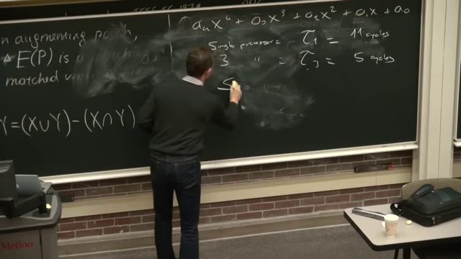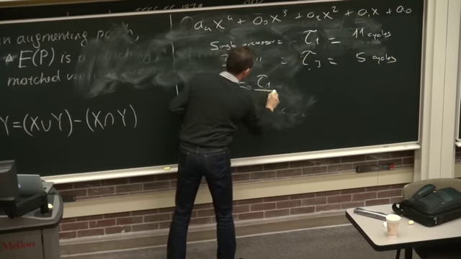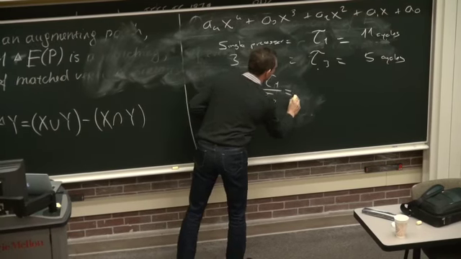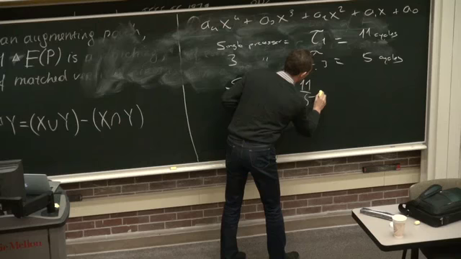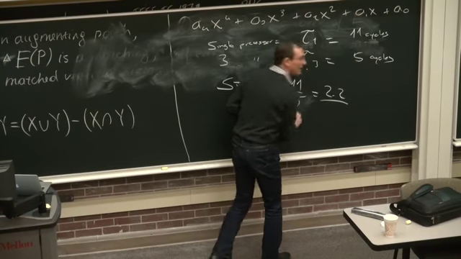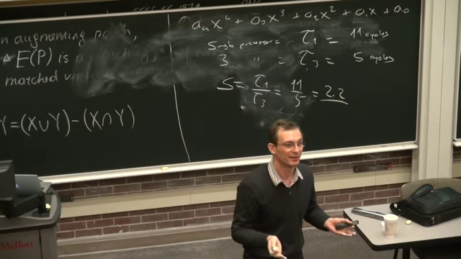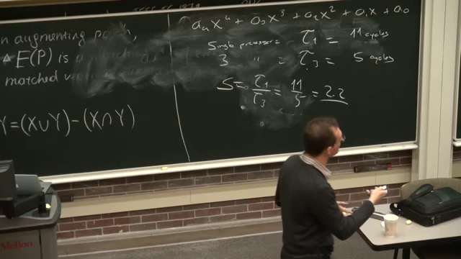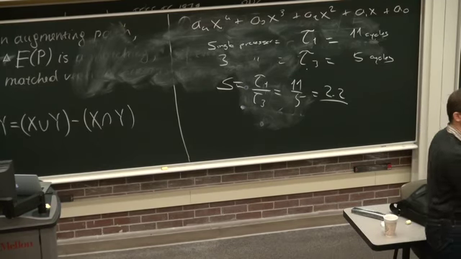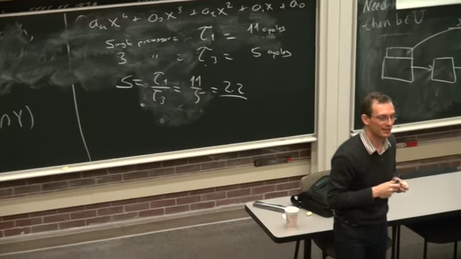And your speed up is equal to tau 1 over tau 3, 11 over 5. So you get 2.2 speed up with 3 processors. Right. So you don't get perfect speed up. Why? Because you cannot parallelize all the operations. That's the first thing to see.